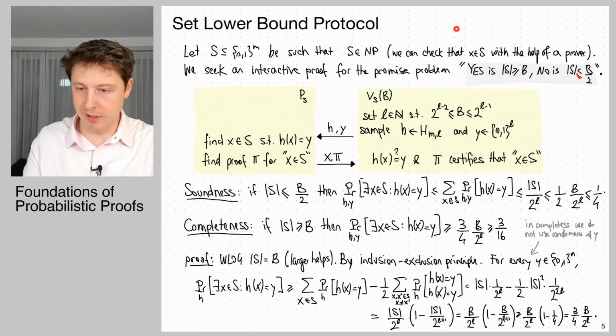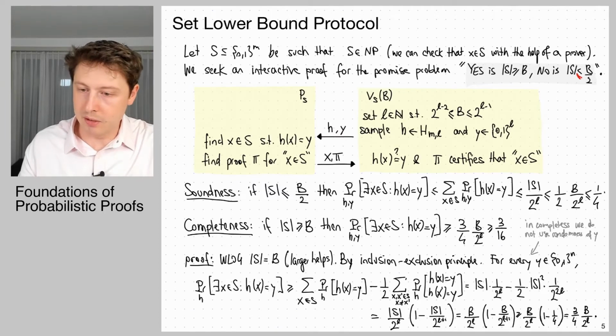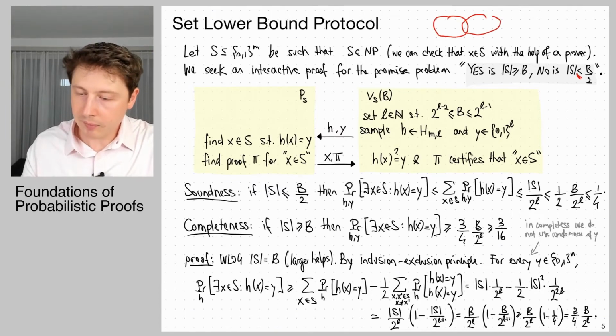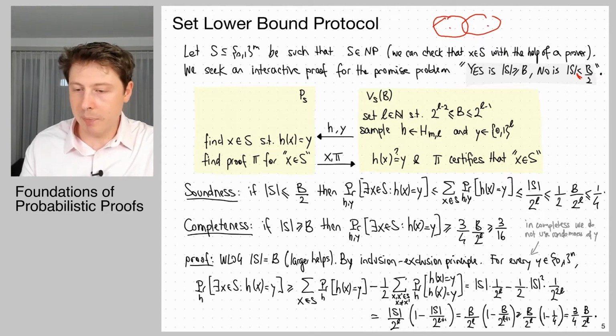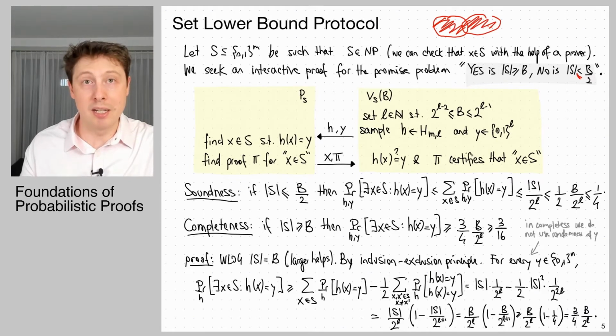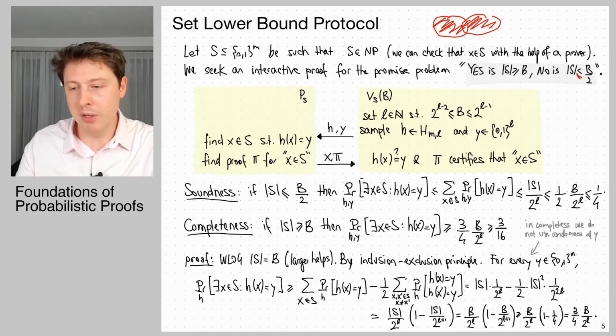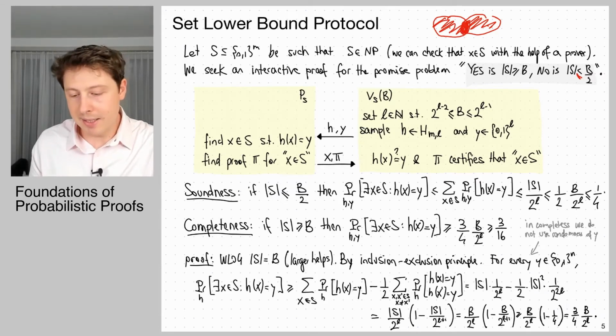Let me see if I can draw it here. If you have 2 events and you want the probability that you're either here or here, you can't just add up this probability and this probability as a lower bound. That's an upper bound. That's what union bounds do. But if you want a lower bound, you're going to have to subtract the intersection, okay? And that is exactly what we're doing here.